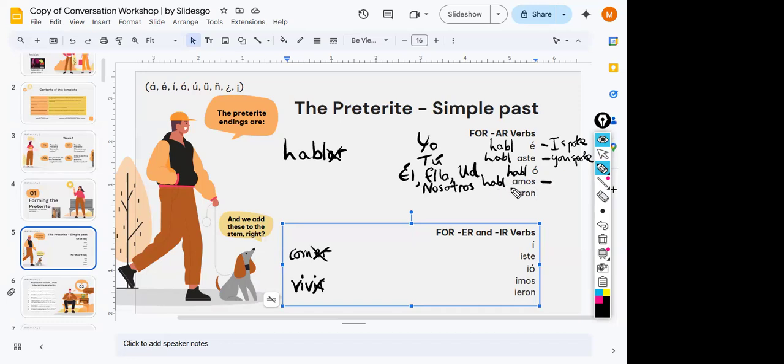We spoke. Now notice it looks the same as the present tense, but we are speaking, right? We speak is also hablamos. So it will depend on the context that you'll figure it out. Then ellos, ellas, ustedes, they, or you plural, you formal and plural, hablaron, right?